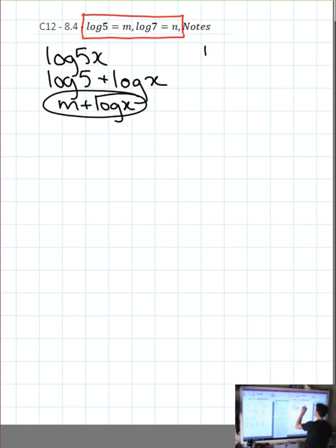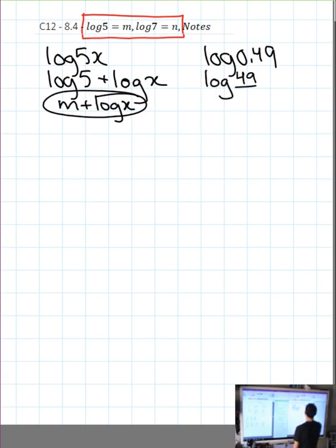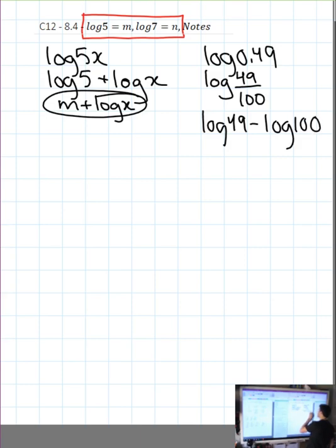Let's take something interesting. Log 0.49. Well, I have to be a ninja with my decimals and fractions, and 0.49 is 49 over 100. So I can simply call it 49 over 100. Then I have a division, so I can turn that into a subtraction. Log 49 minus log 100.